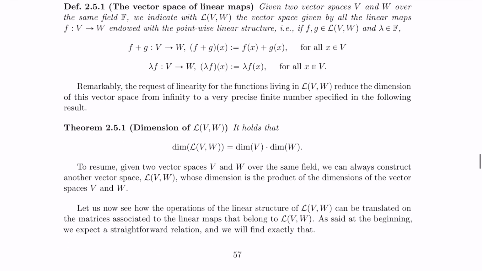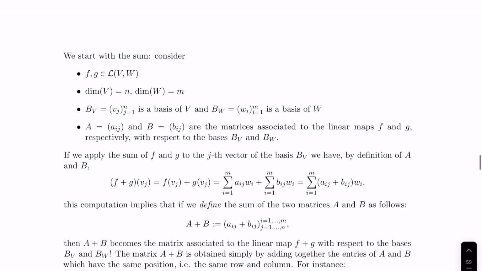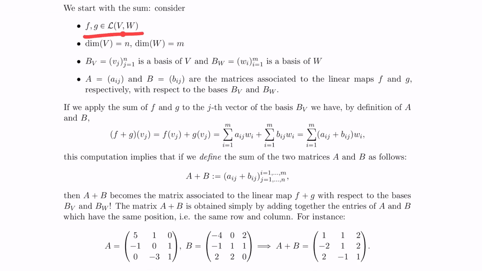We are now going to see that the operations of sum and multiplication by a scalar can be translated into analogous operations on the matrices associated to the linear maps. To be precise, the data are the following. f and g are two linear maps between vector spaces V and W of dimension n and m respectively.